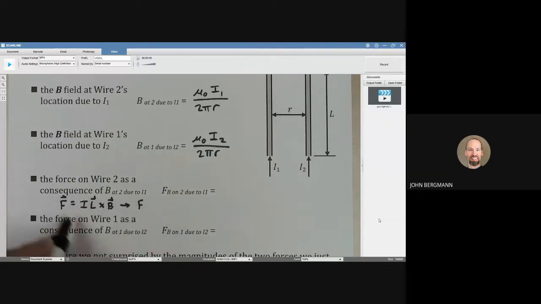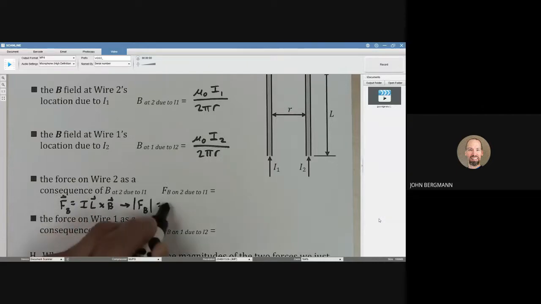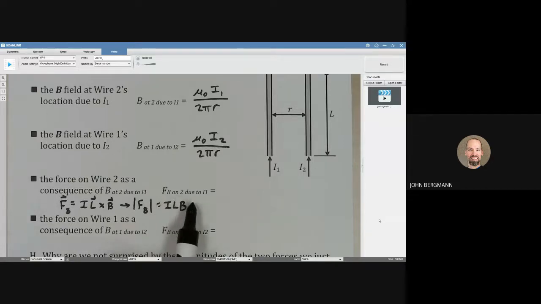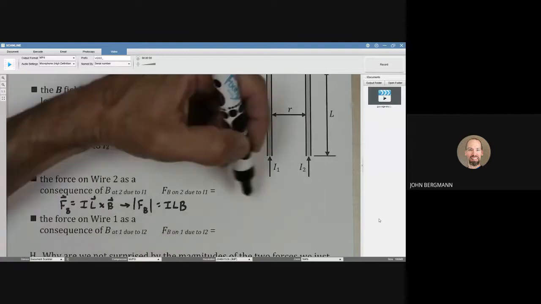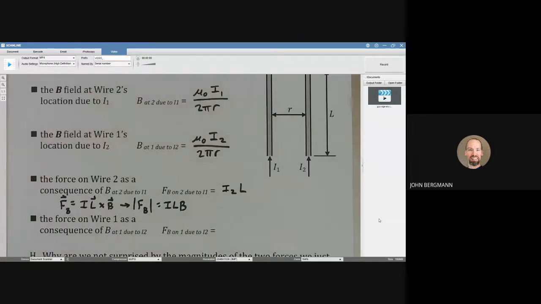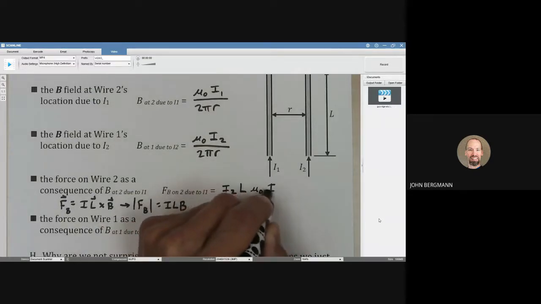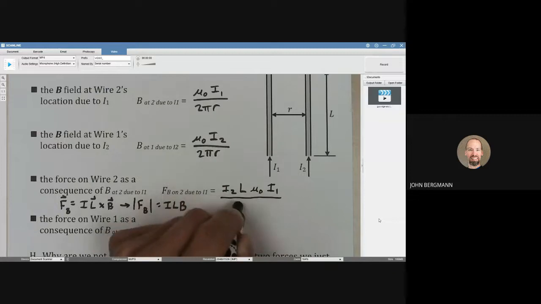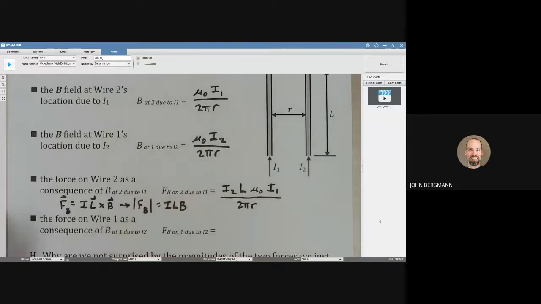So in essence, the magnetic force has a magnitude of I times L times B. If we want the force on 2 due to I1, we're going to take the current of I2, we're going to take the length of the wire, and then we're going to have the magnetic field at that location, which is this expression at the top of the screen. Mu naught I1 over 2 pi times R.